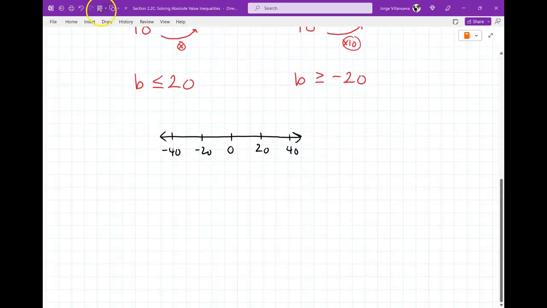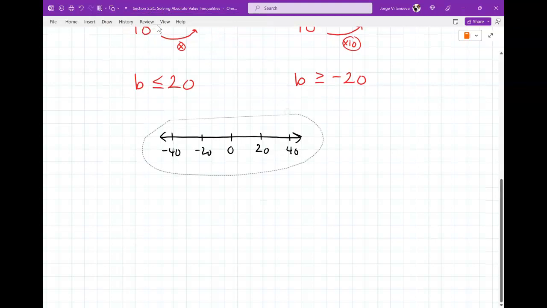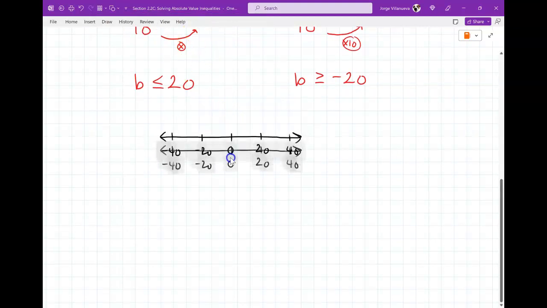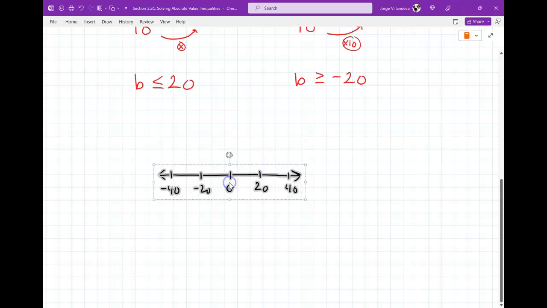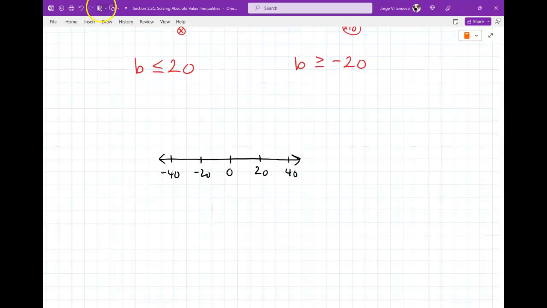And now let me draw both graphs. Actually, let me move this down just a bit. Give me a second. I'm going to just drag it. Okay. So the first one says b is less than or equal to 20, right? B less than or equal to 20.